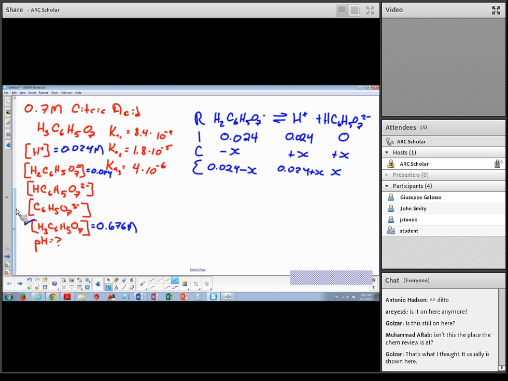Plug it all into Ka2. 1.8 times 10 to the negative 5th. So now we've got 2 x's to ignore, right? We've got the plus x on top, and then we've got the minus x on the bottom.